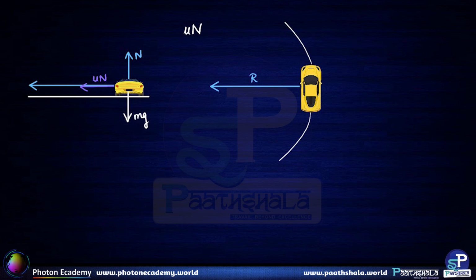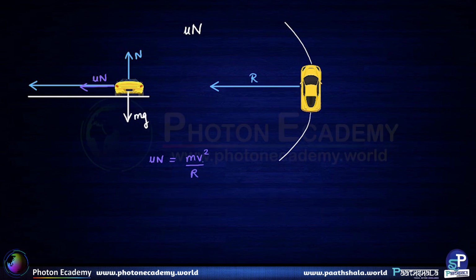Alright, so here we get mu n, which is towards the center, the only force towards the center. This is equal to mv square by r. So this is going to give us the max velocity of turning. If we were not to find the max velocity, then we'll simply get friction is equal to mv square by r.